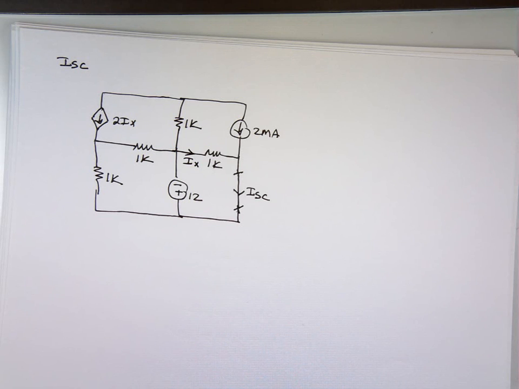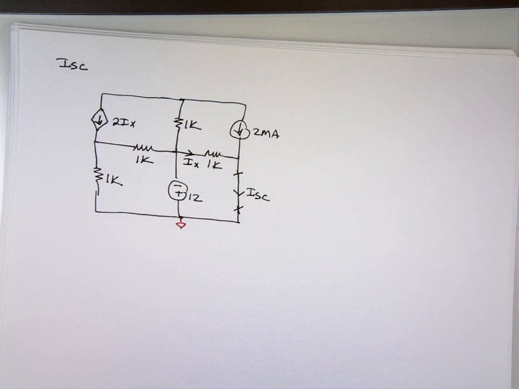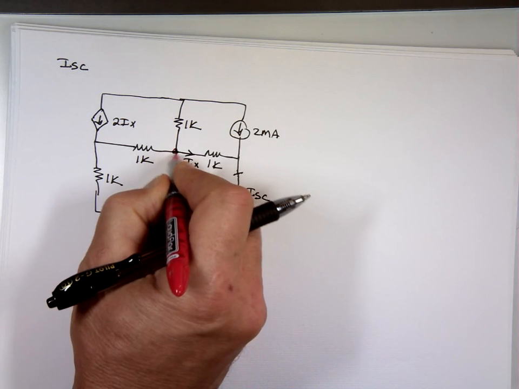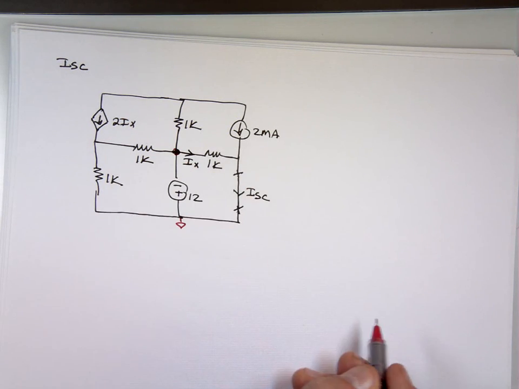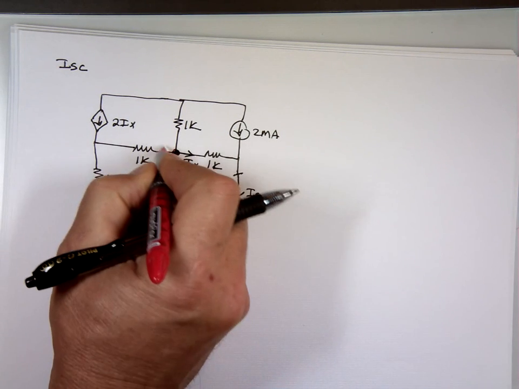Now let's think about this problem. Again, it looks ugly, but really if you think about this, if the bottom is your ground, what's the voltage right here? Negative 12, good.